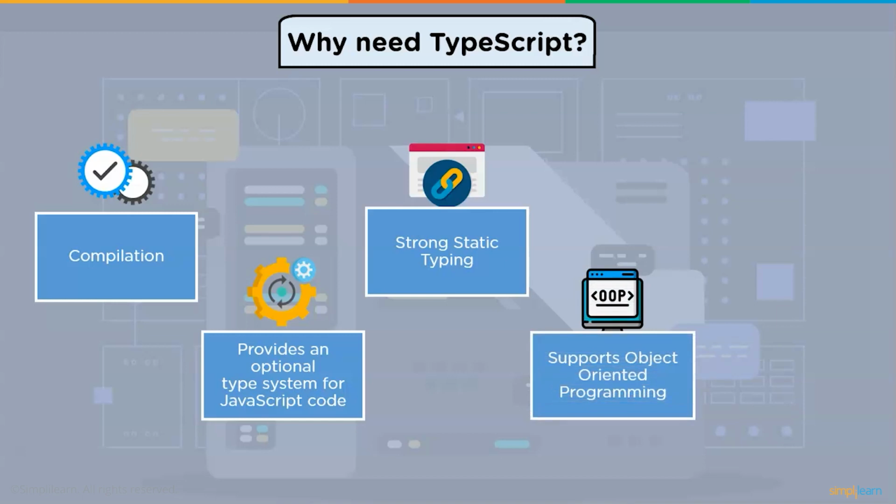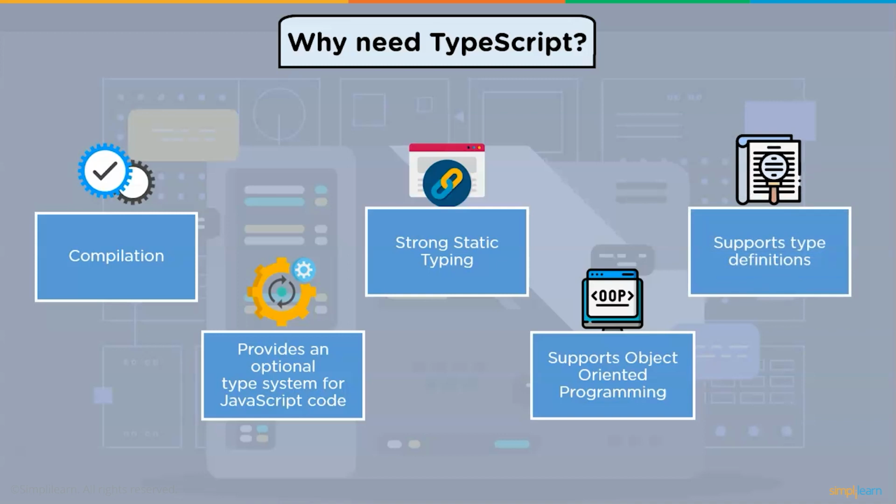TypeScript supports classes, interfaces, inheritance, and other object-oriented programming principles. TypeScript supports type definition. Existing JavaScript libraries can use TypeScript type definitions. External TypeScript libraries are defined in TypeScript definition files. As a result, it can include these libraries in TypeScript code.